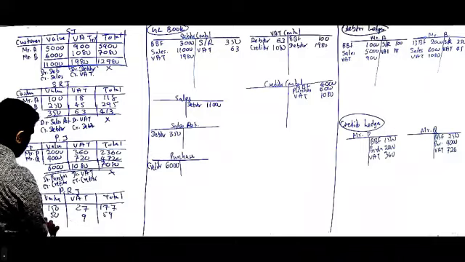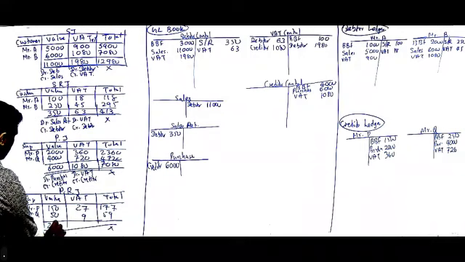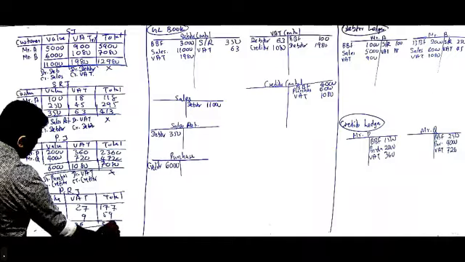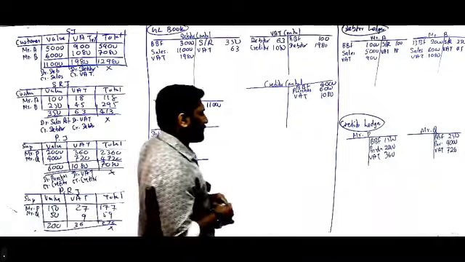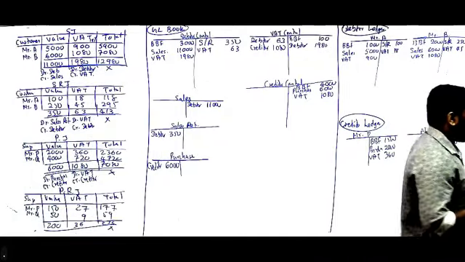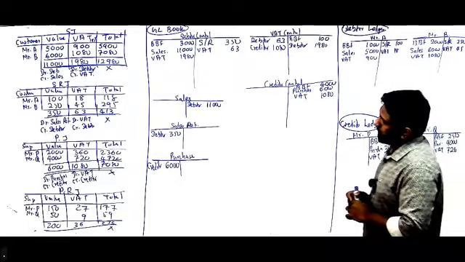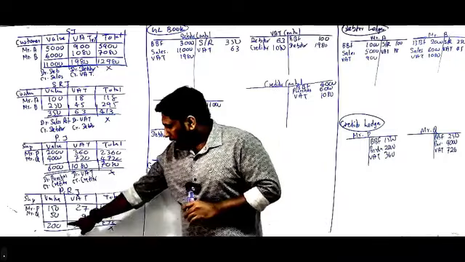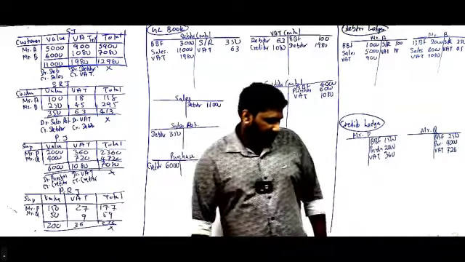Here 59,000. So this total, 200. Here 36. 236. Okay. Write the double entry.